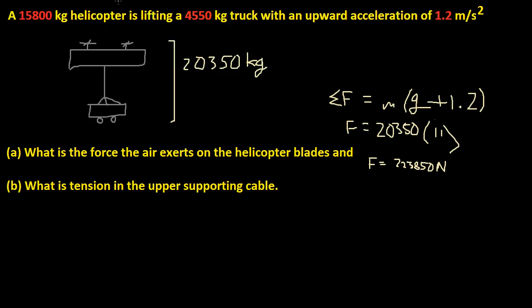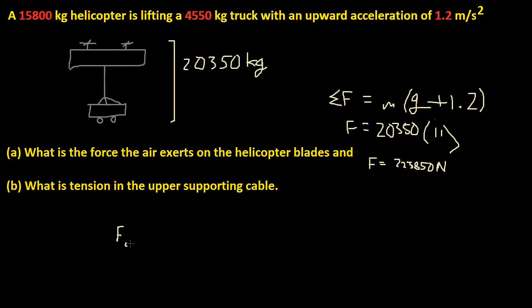But since this is moving up, the tension will be greater here, because it makes intuitive sense that the tension would be greater if the helicopter is pulling the car upward. So the force has to be greater, the force of the helicopter pulling the car up.